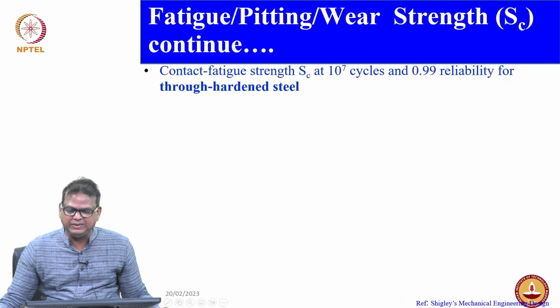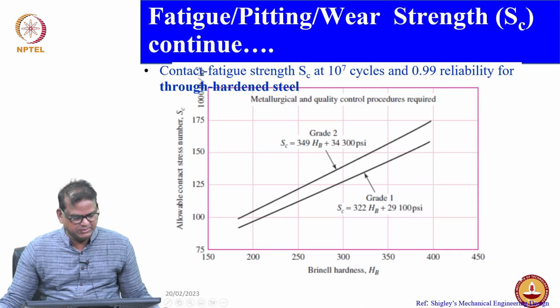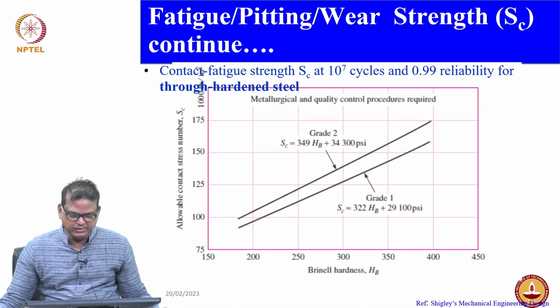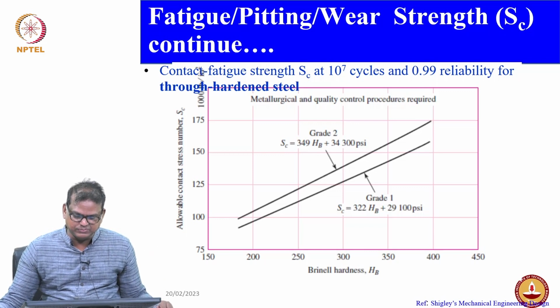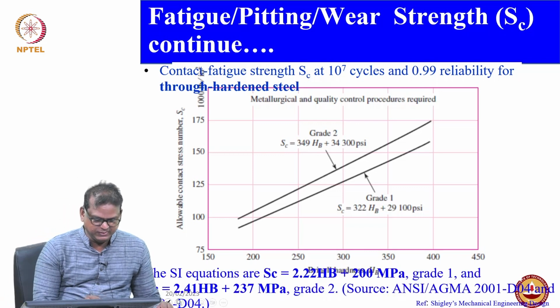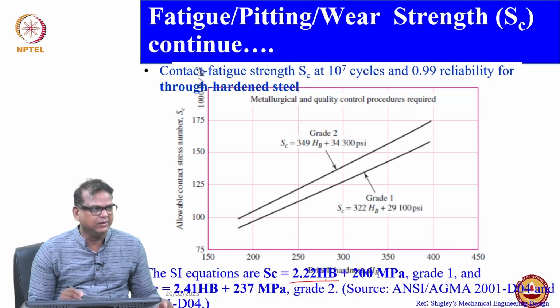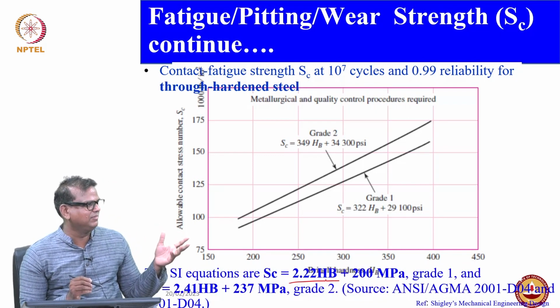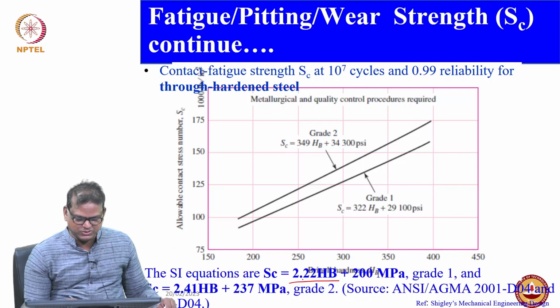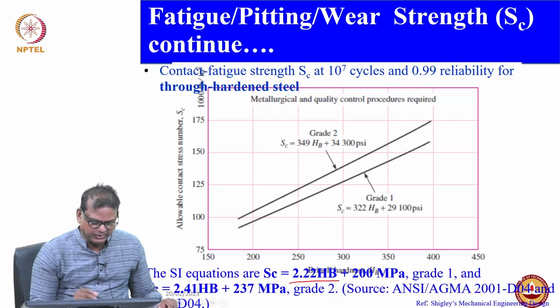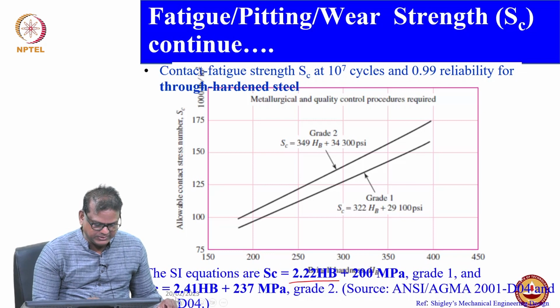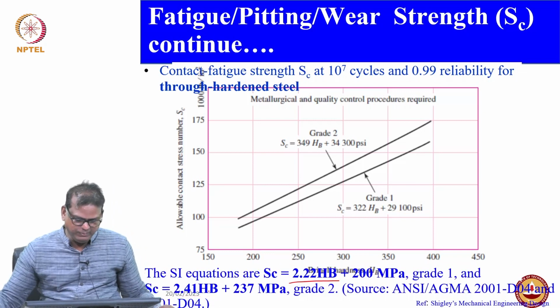Now we talk about pitting strength. Pitting strength similarly. Okay, look at this. Earlier you have seen the hardness was a smaller value, but here the hardness for grade 1 and grade 2 will be higher. Look at this part, this is 2.22 for grade 1, and the higher the grade, the better the material, 2.41.